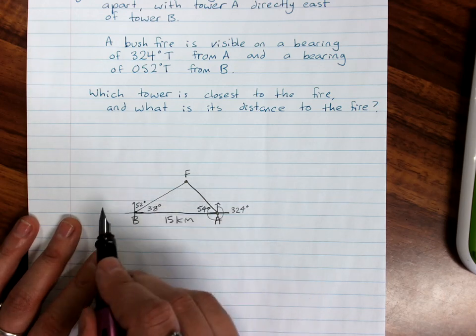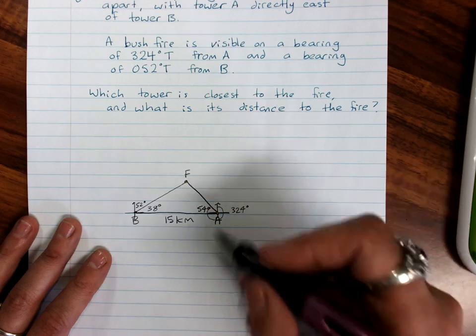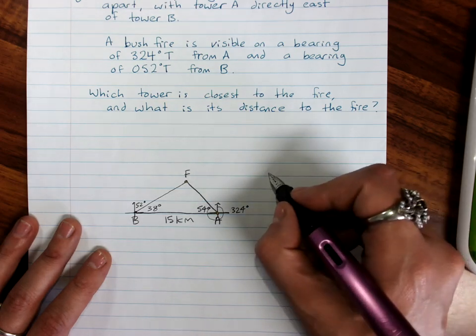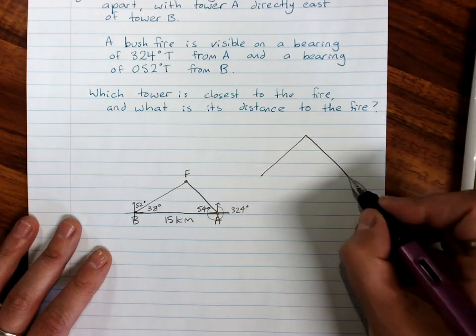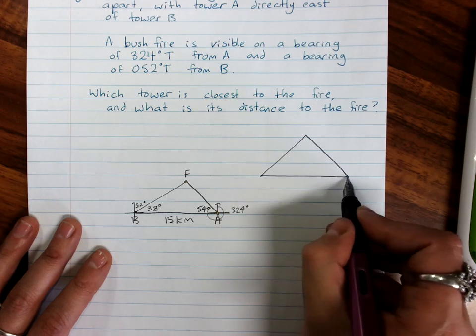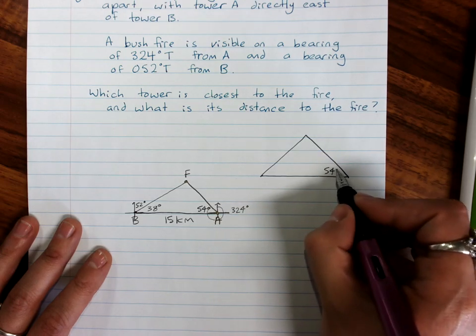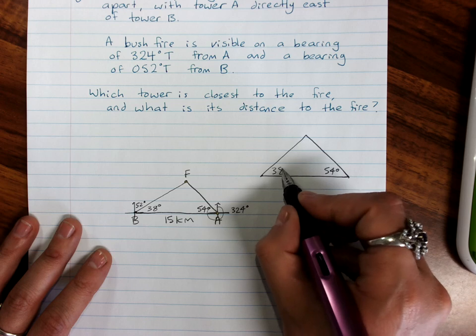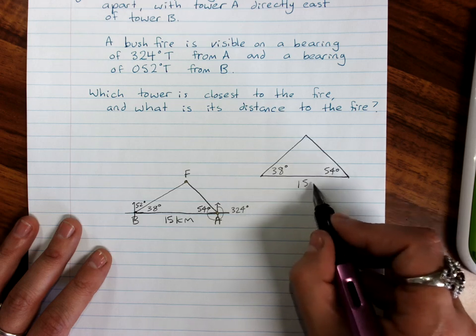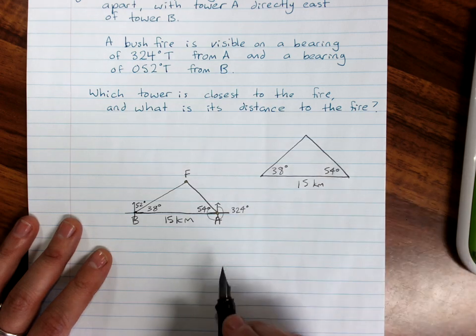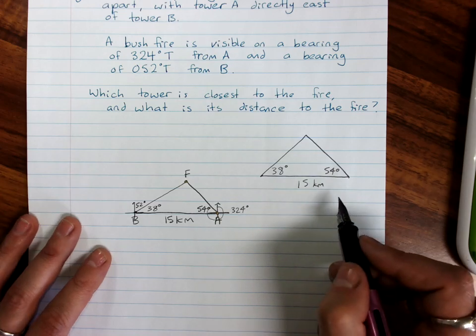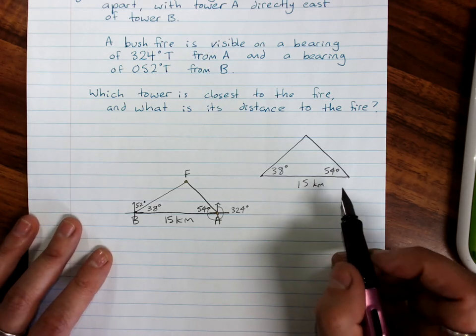If you're feeling like your diagram is a little bit crowded, then after that draw just the triangle with the angles inside the triangle only. And it becomes much easier to work with.